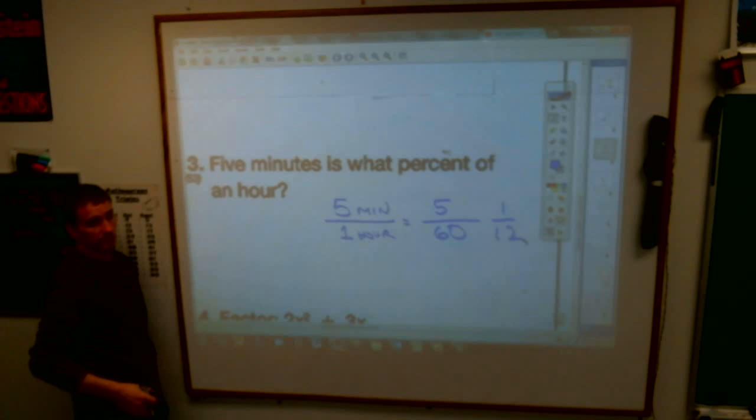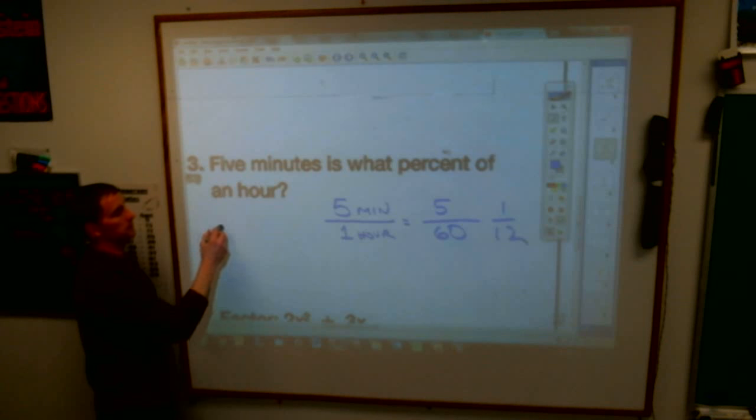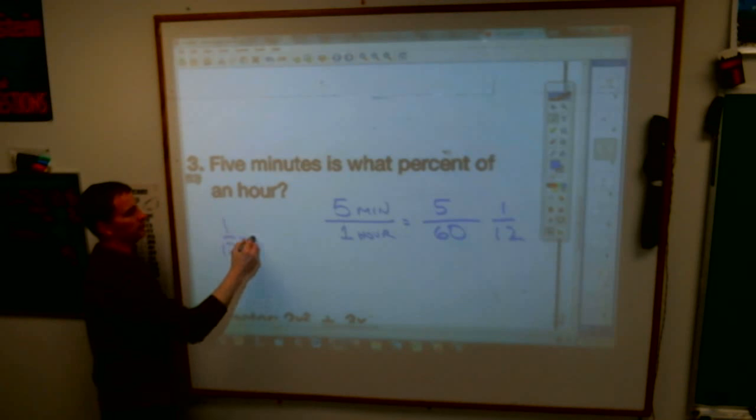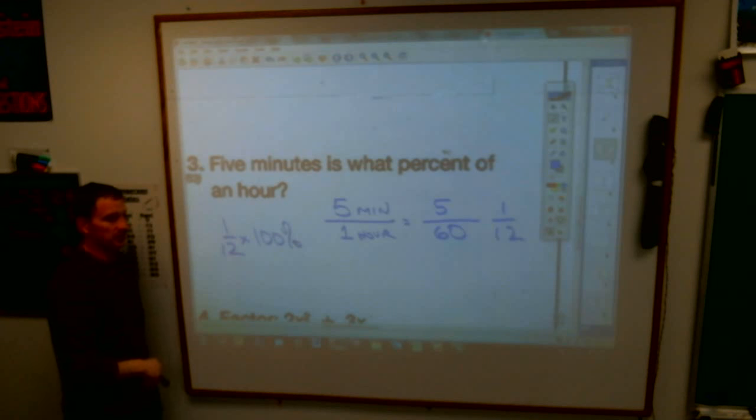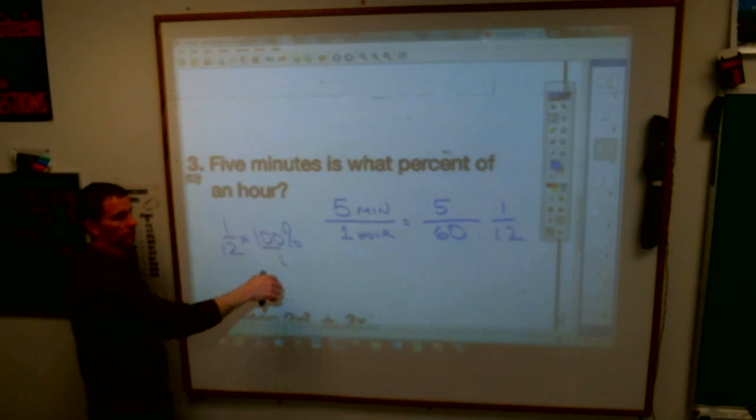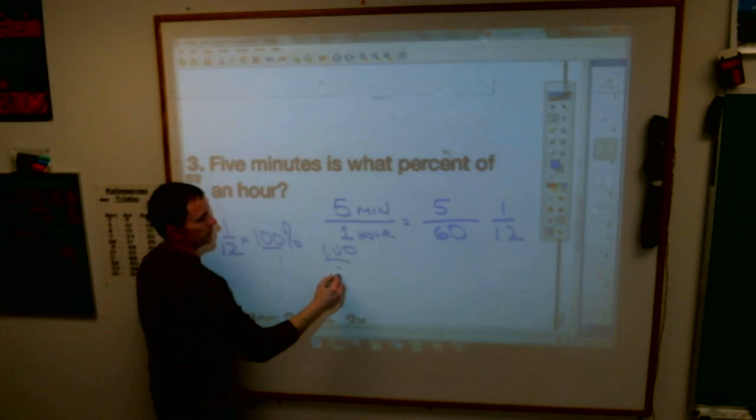Here's what I write down to note myself. 1/12 times 100% will tell you what percent that is. Which in essence just means you're going to do what? Divide 12 into 100, because you get 100 over 12.